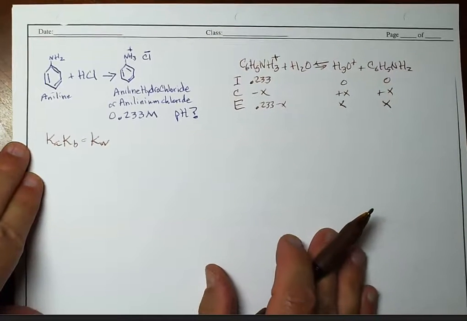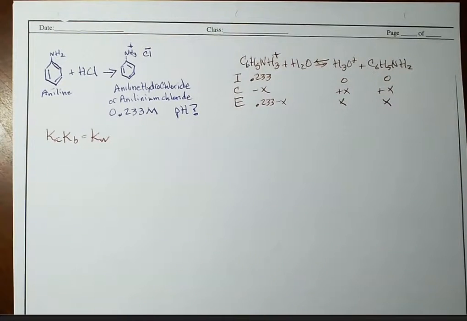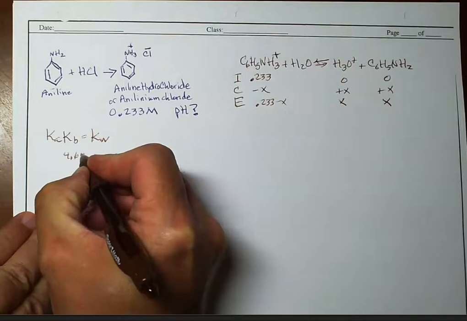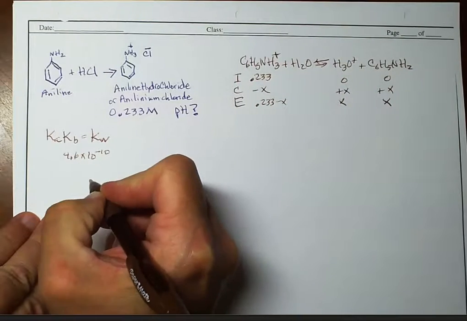We would look it up in a table in the appendix of the book, and it turns out that Kb for aniline is 4.6 times 10 to the negative 10.